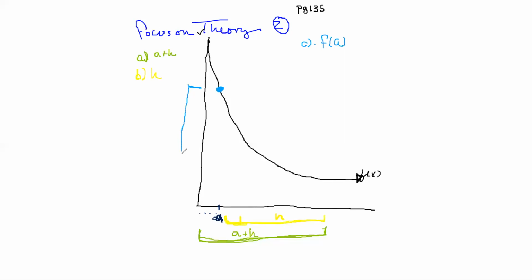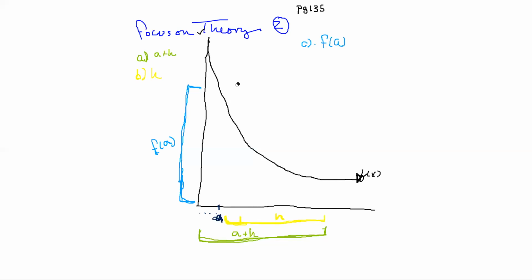What we're looking for is the distance in the Y direction that F of A is. So that is going to be this really ugly line that I'm drawing right now. So this is F of A. So we go from 0 all the way up to F of A. So I'm going to erase this dot real quick. Okay.